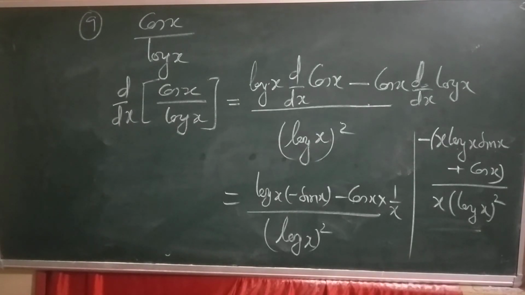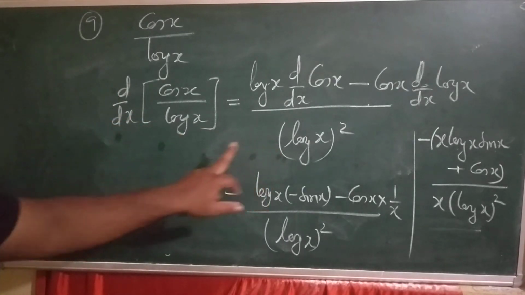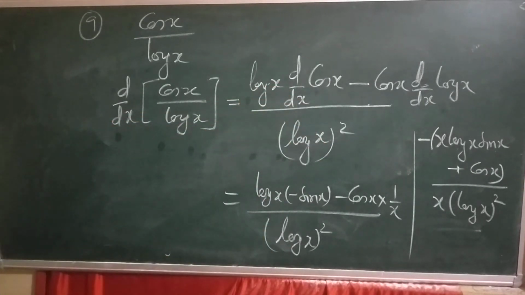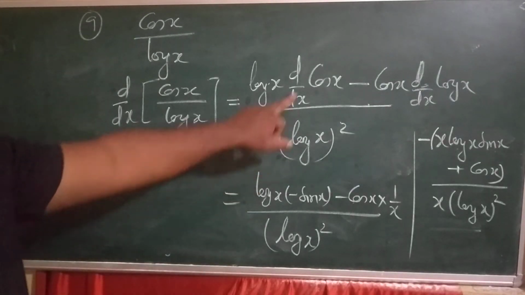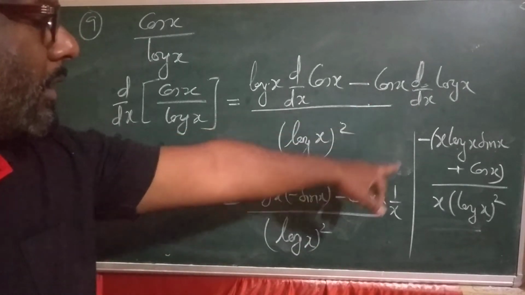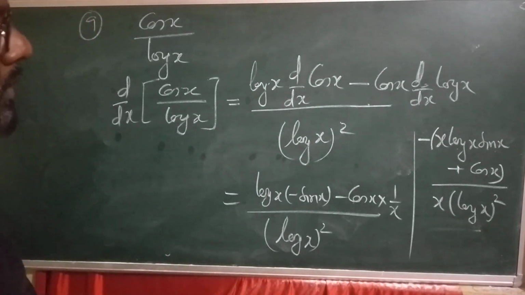So once again, this is also simple only. It is in the form of cos x upon log x. u is cos x and v is log x. So differentiation of cos x upon log x is equal to log x whole square, the denominator square, then denominator times derivative of numerator, that is log x times derivative of cos x, which is minus sin x, then minus cos x and derivative of log x is 1 upon x, upon log x whole square.